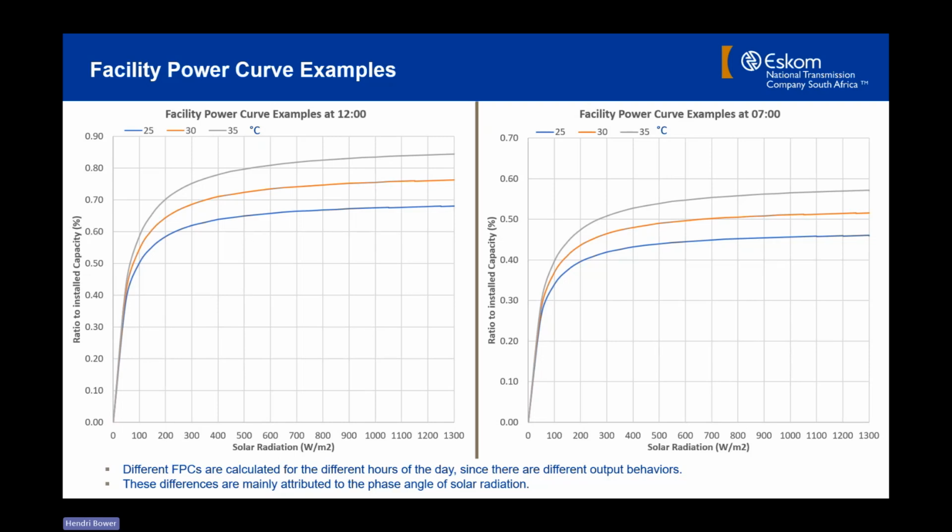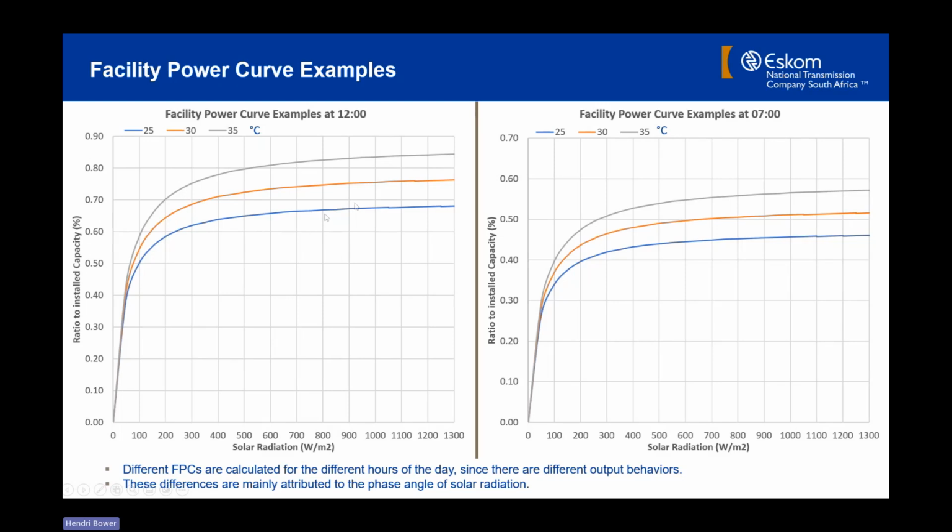If we look at the left-hand graph, this is your facility power curve for three different temperatures, 25, 30, and 35 degrees Celsius, against the ratio to your installed capacity. As can be expected, as your solar radiation increases, the output of your plant increases. This is looking at 12 noon.